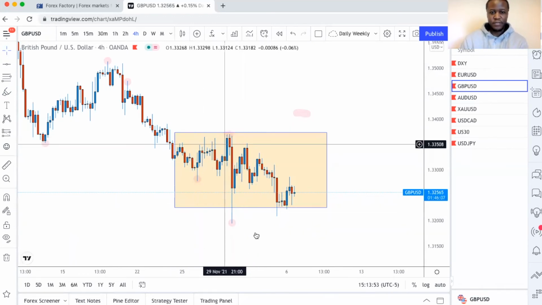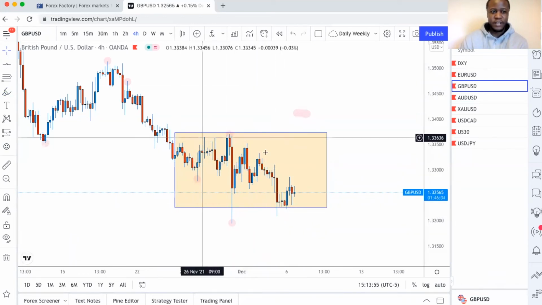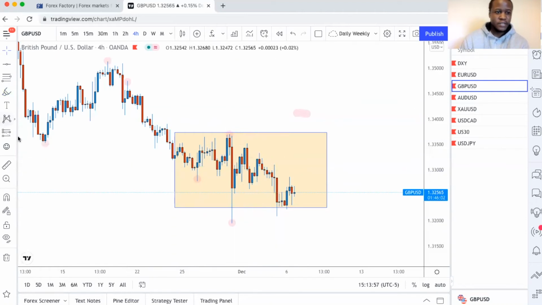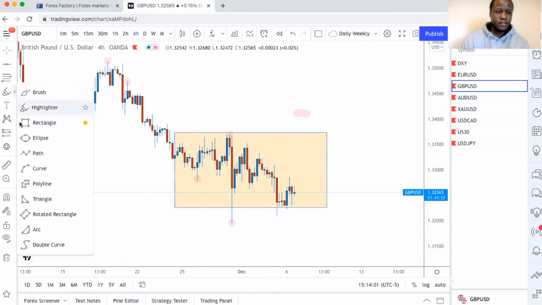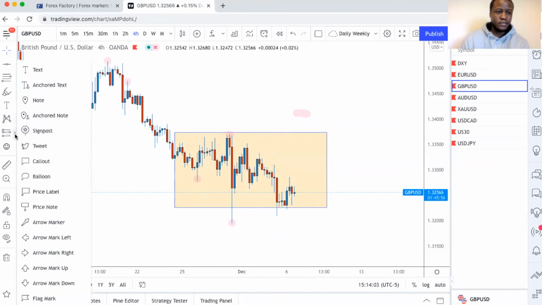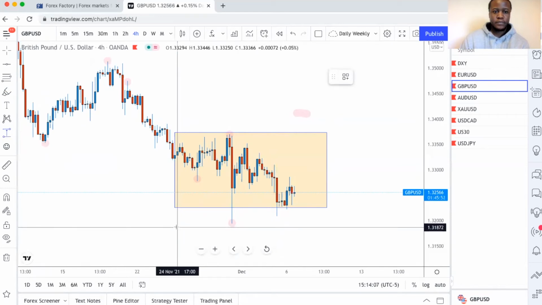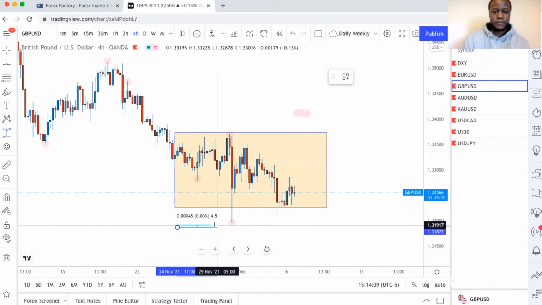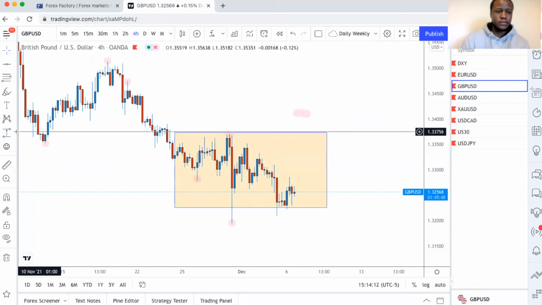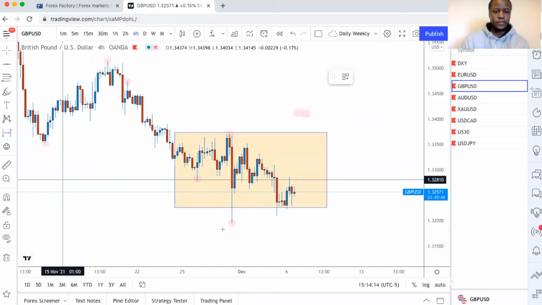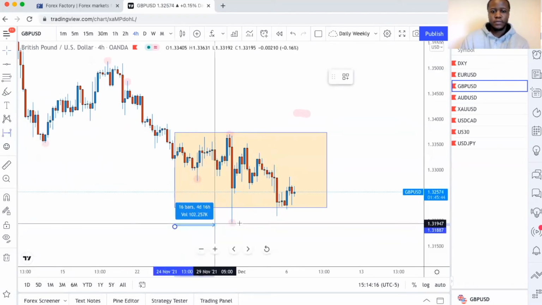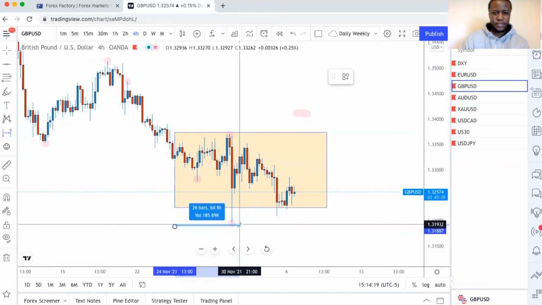When you just see it moving side to side for a long period of time, how many days is this? It's been in consolidation for some time now.